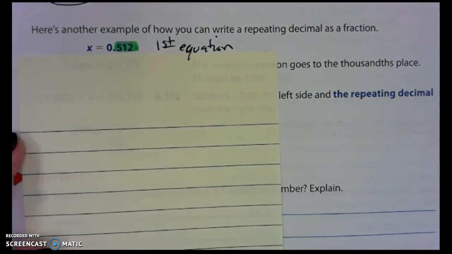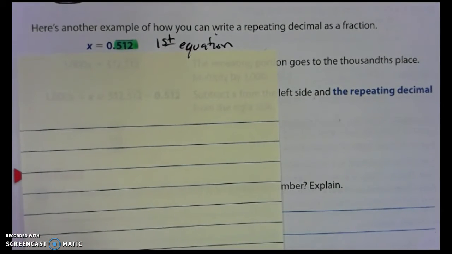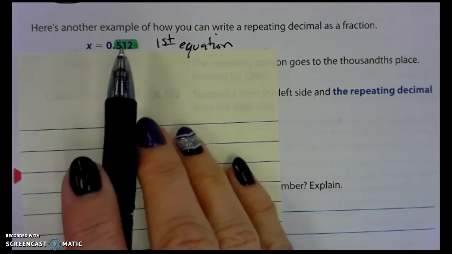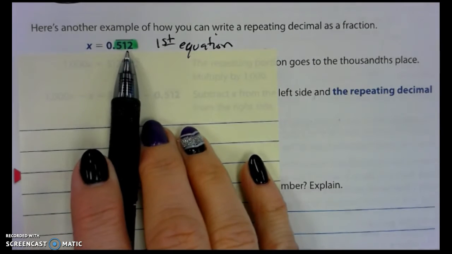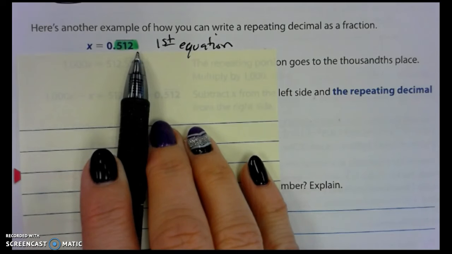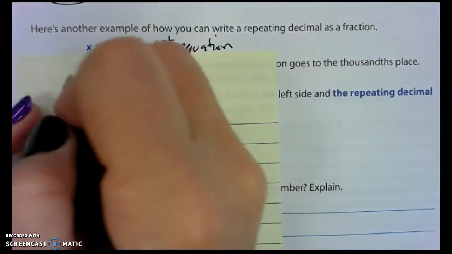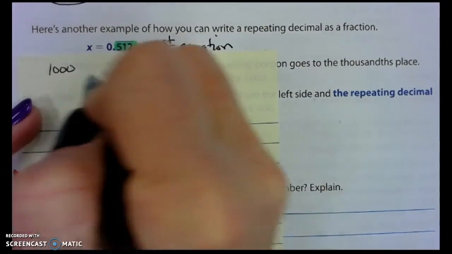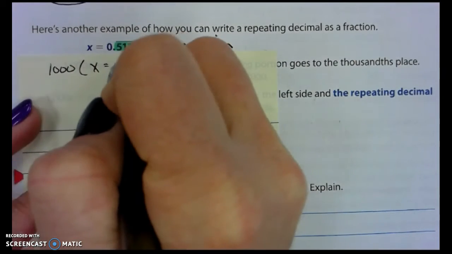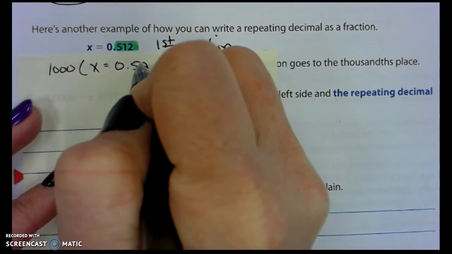To get the second equation, we're going to multiply by the place value of the repeating portion. Not 10, not 100, but 1,000, because this is to the thousandth place. So we'll take 1,000 times x equals 0.512 repeating.